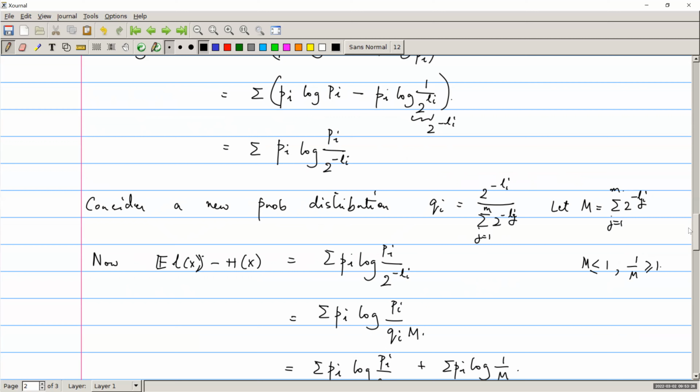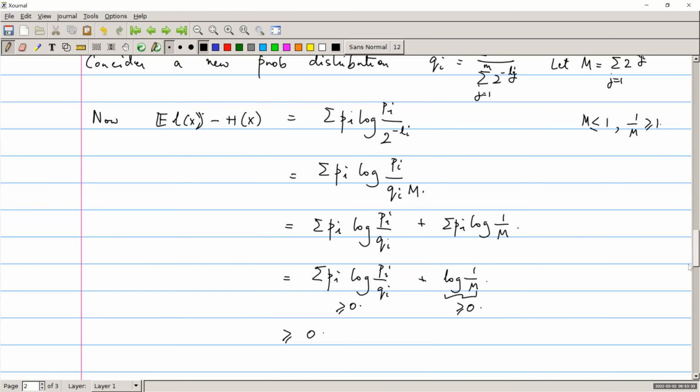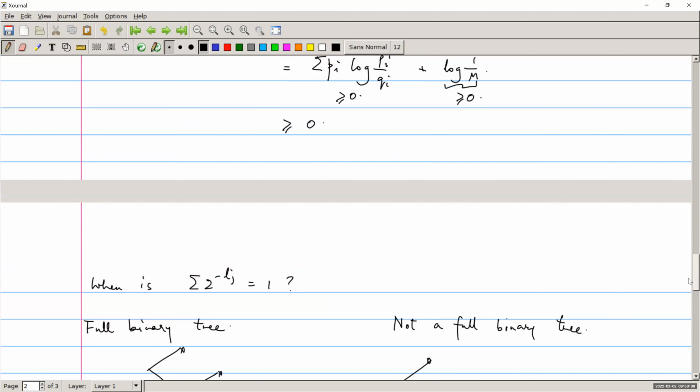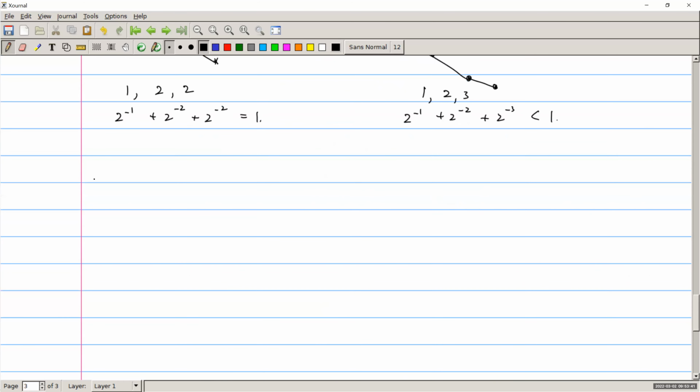It is the code word that you have seen and how many bits are there in every realization. So we have an inequality in one direction, that the expected code length is greater than the entropy. We can also show that the expected code length is less than the entropy plus 1.